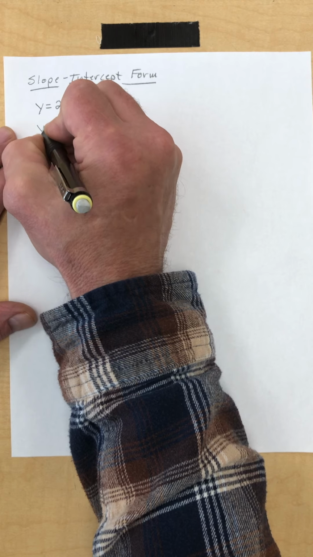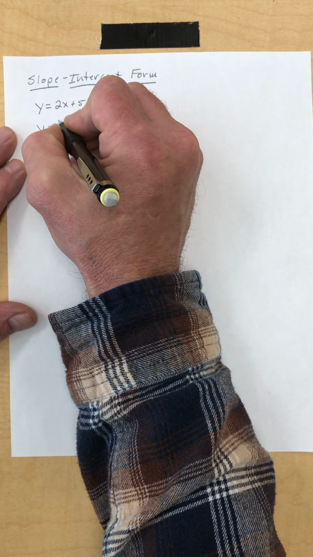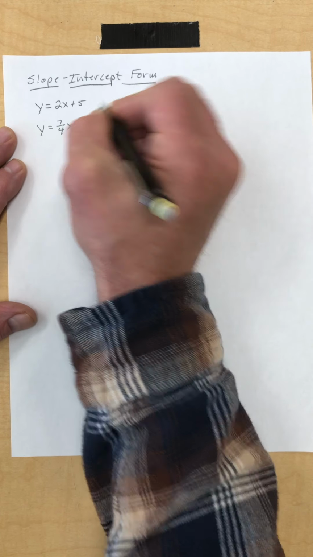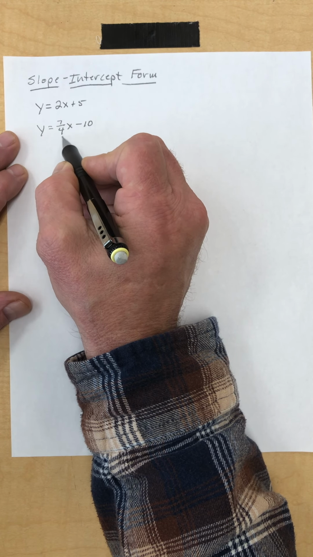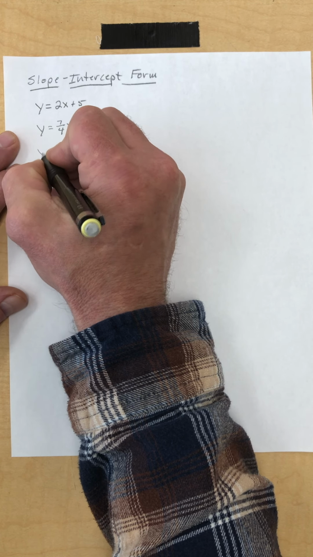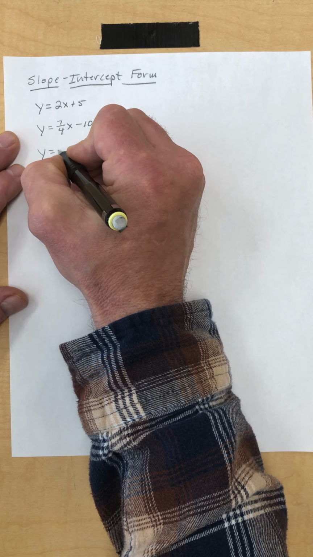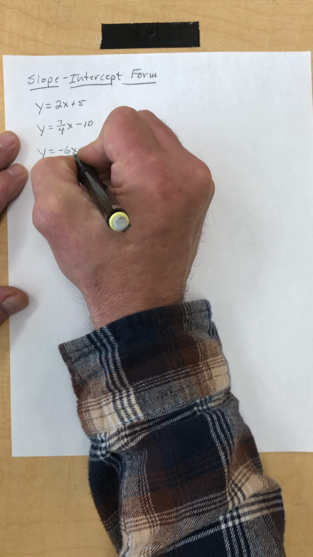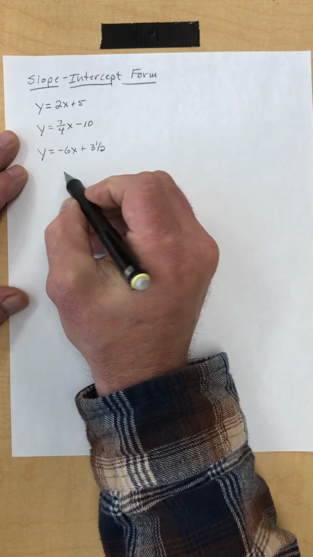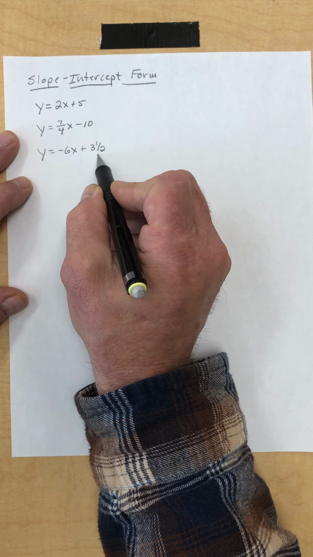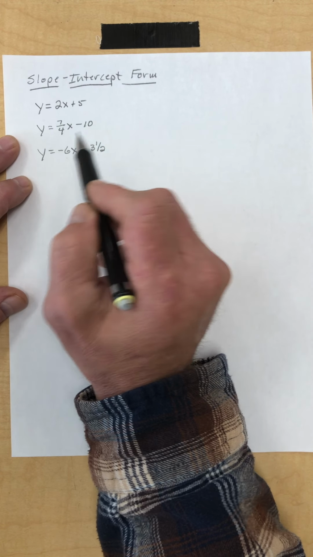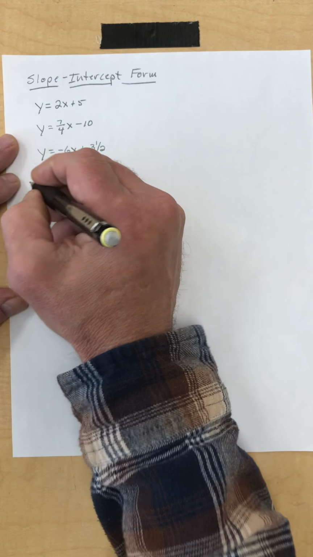Or you might have y equals 7 fourths x minus 10. So our slope is 7 fourths and our y-intercept is negative 10. Or you might get y equals negative 6x plus 3.5. Again, the slope would be negative 6 and the y-intercept is 3.5. But notice all of these are y equals and everything else is on the right-hand side.